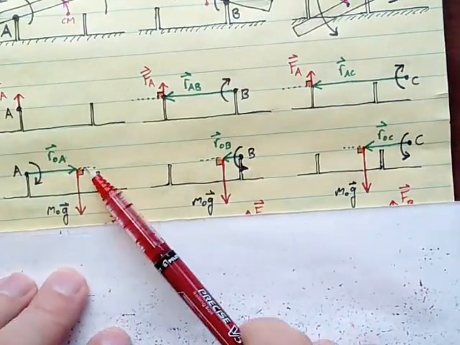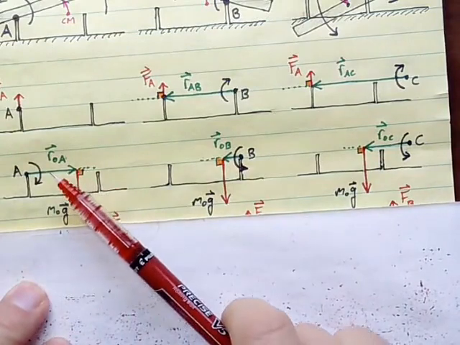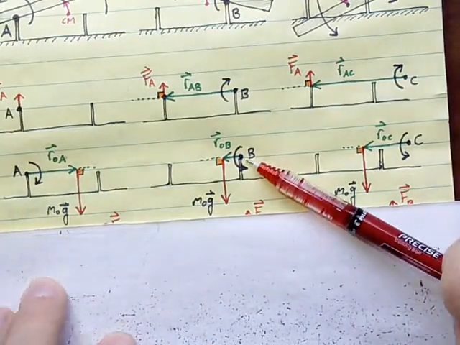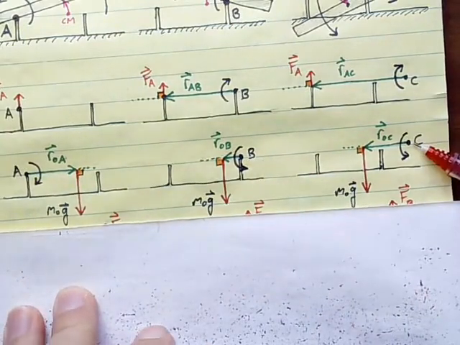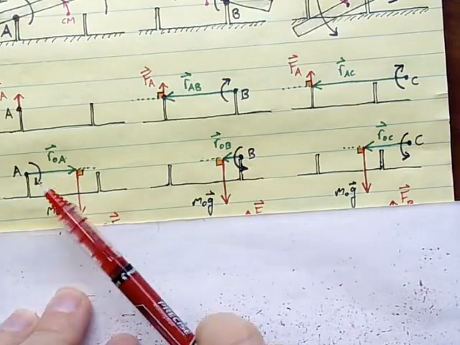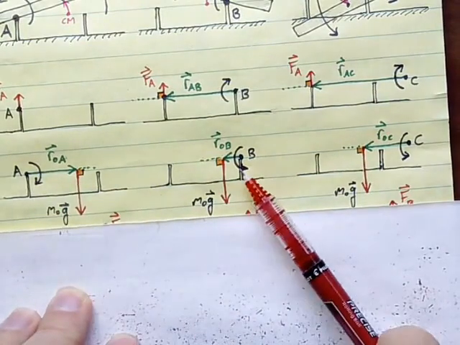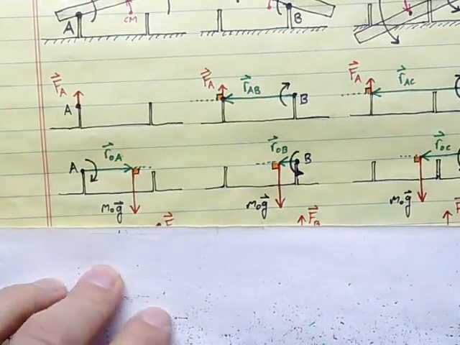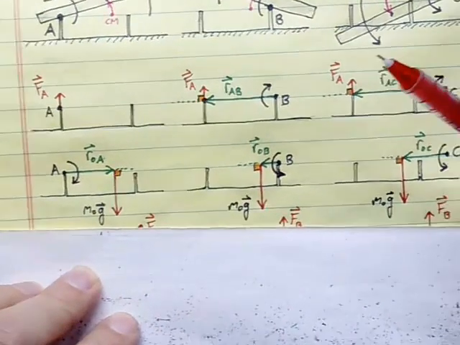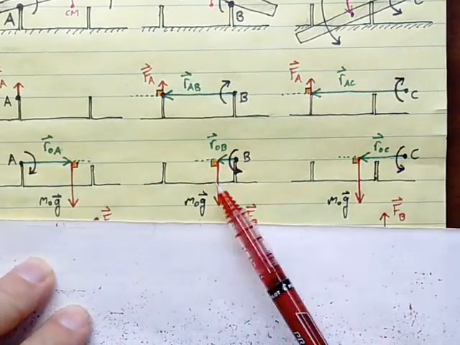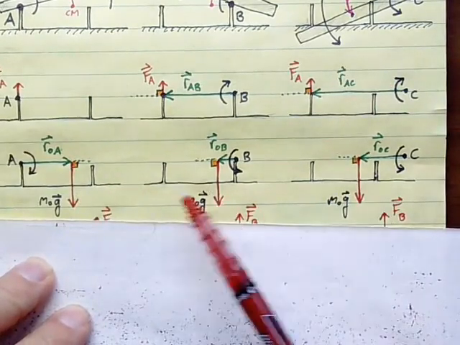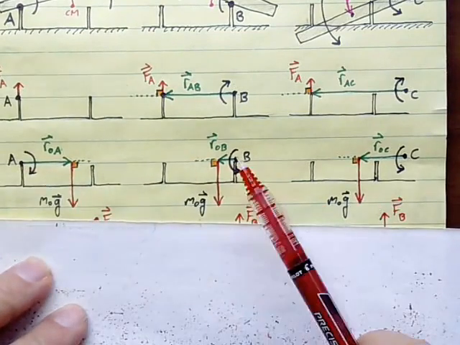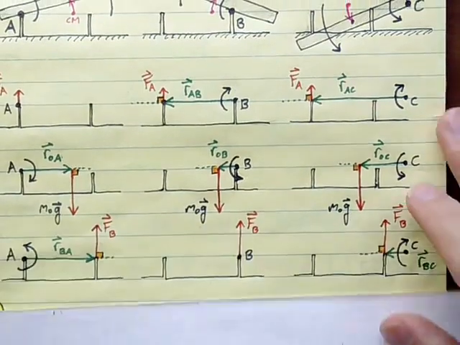We see that that weight would be exerting a clockwise torque around point A, a counterclockwise torque around point B, and a counterclockwise torque around point C. So this would be a torque in the negative Z direction, in the plus Z direction, and in the plus Z direction. Part of what we're seeing here is how the same force can be exerting torques that differ not just in magnitude, but also in sign, depending on your choice of point of rotation.